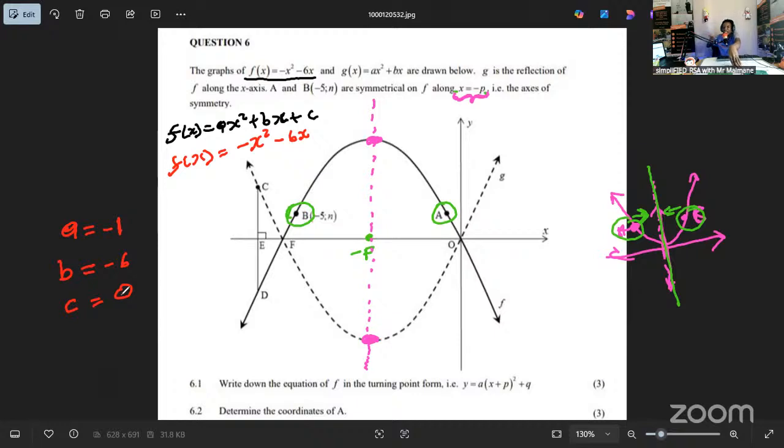But anyway, normally, if you know your story, you would know that c represents the y-axis somehow. Here's the thing.